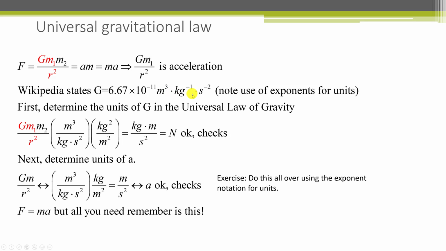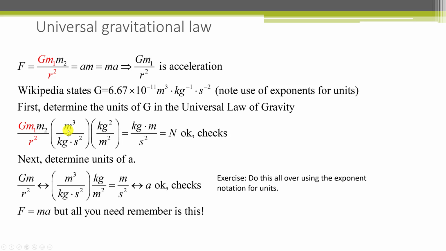First, let's examine the units of G in the universal law of gravity. So we have this expression G m1 m2 over r squared. We know that the meter cubed over kilogram per second squared comes from Wikipedia. That's the constant. But now we have to multiply it by mass squared over distance squared, or kilogram squared per meter squared.